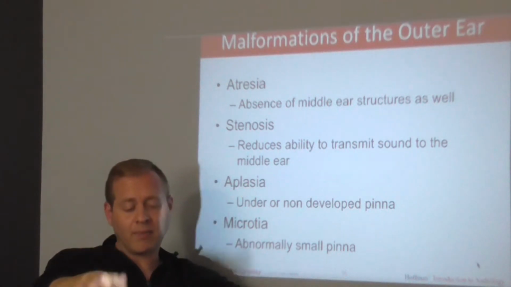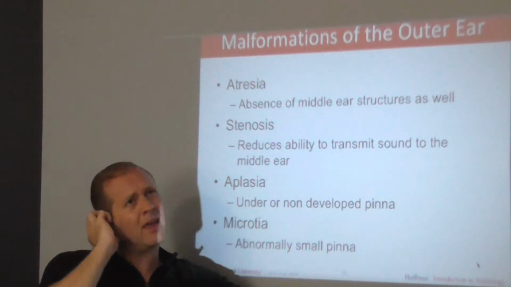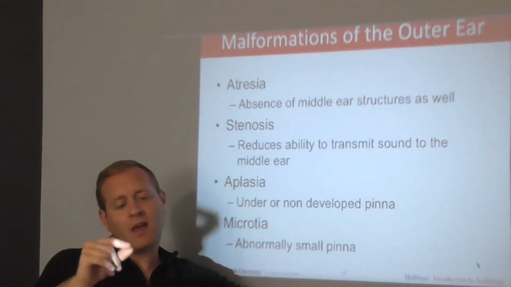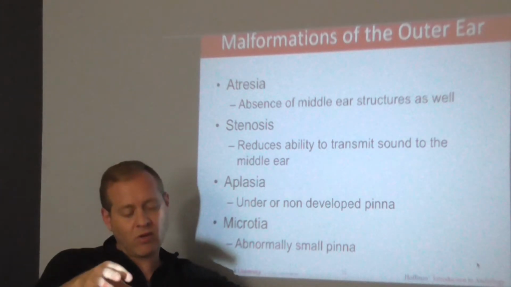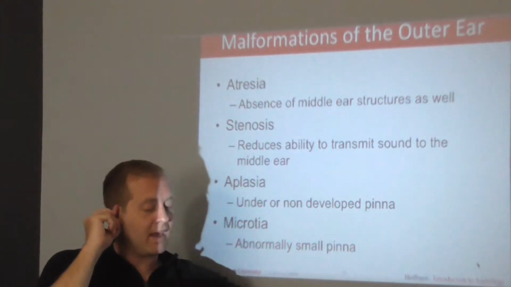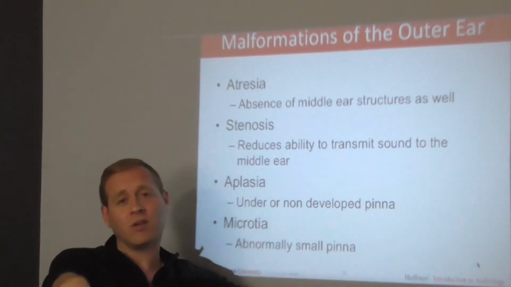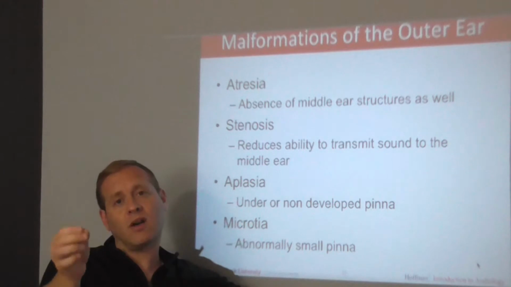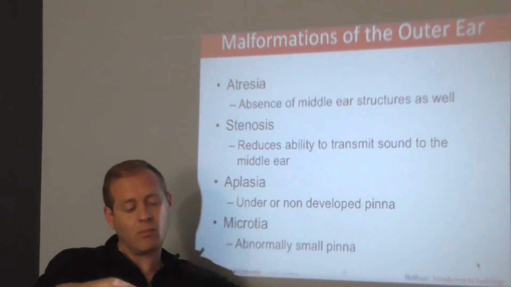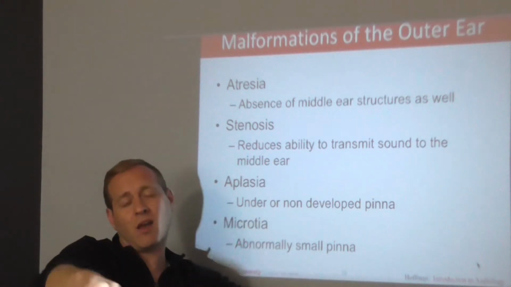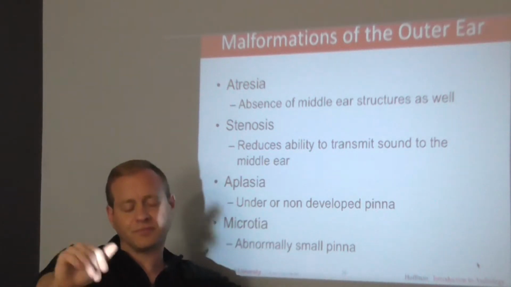You can have aplasia or microtia of the pinna and still have an opening for the external auditory meatus. You can have a microtia or an aplasia of the pinna and have an atresia where you do not have the opening for the external meatus, or a stenosis. So you can have one or more of these different classifications depending on what's going on with the individual.